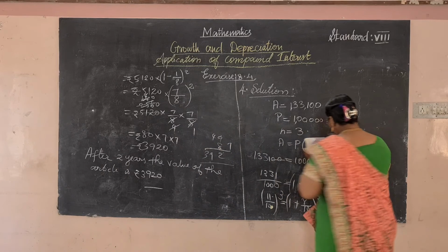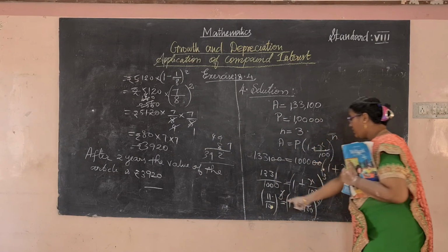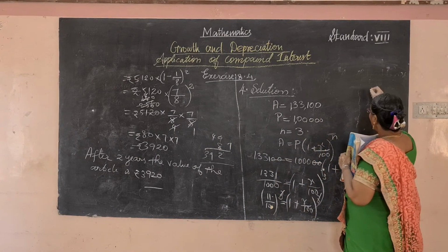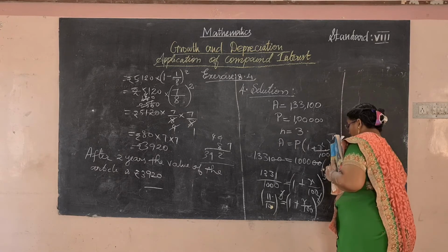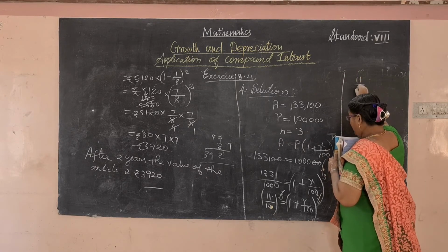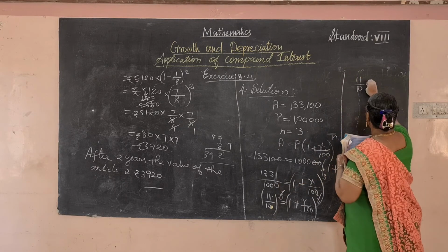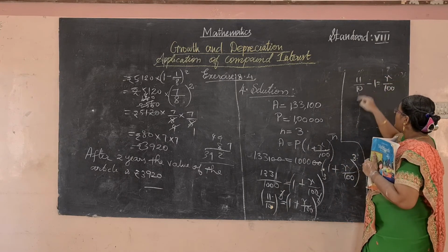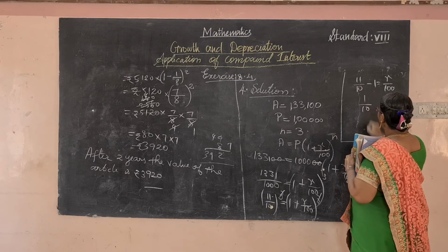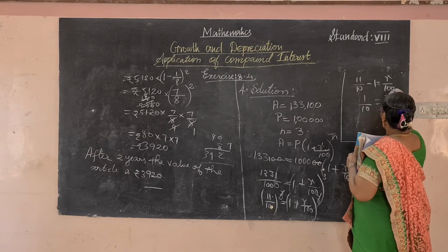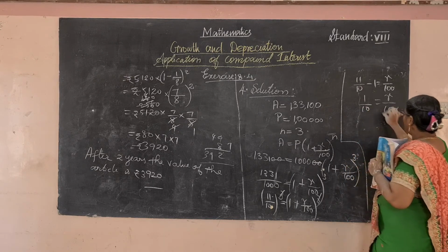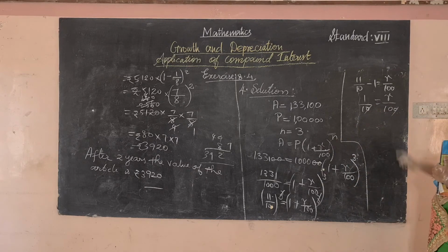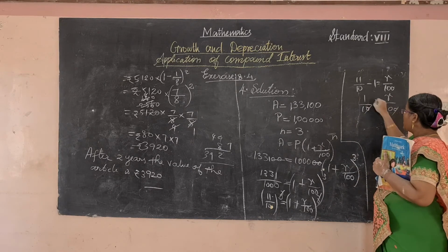Okay, so the power will be cancelled. So equate the values. So 11 by 10, 1 comes to this side, minus 1 is equal to R by 100. So take LCM, we get 1 by 10 is equal to R by 100. So R by 10, cross multiply.